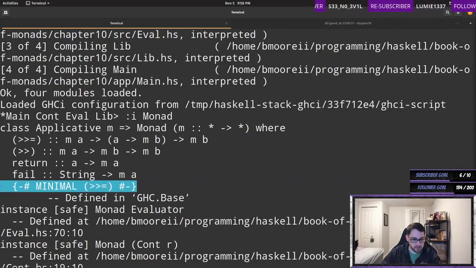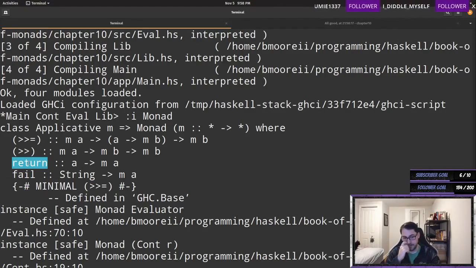You know, I never noticed this before. Minimal: bind. Which I assume means that the default implementation for return is just pure, and I don't need to write that ever. I didn't realize that. So now I know that if pure is just return, I can just not implement it. Also, I can implement fail directly in the monad itself.